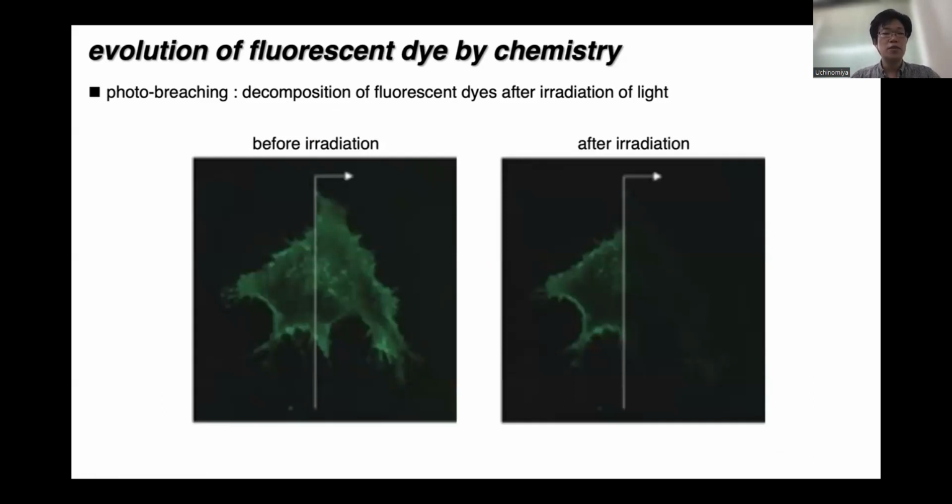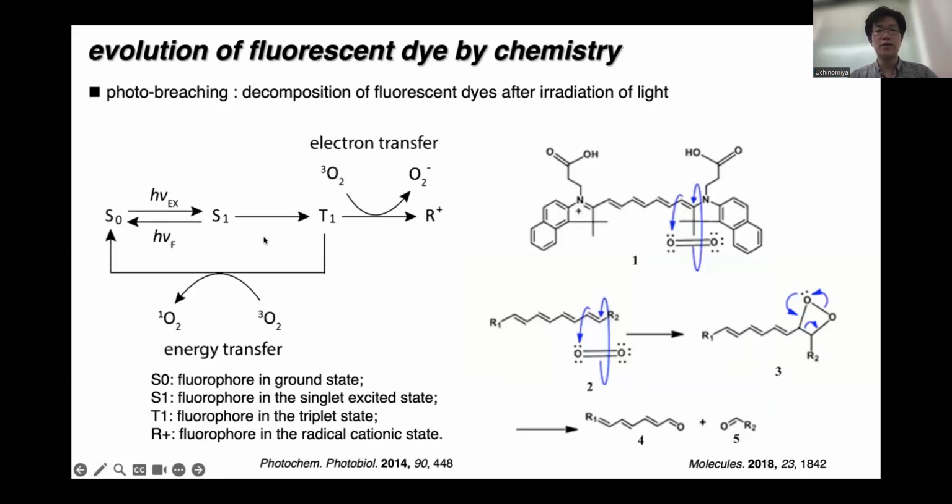When we use too strong a light, the fluorophore decomposes by irradiation. This is before the irradiation of strong light, and when the strong light is irradiated, this part, the fluorescence, disappears. This is photobleaching, and it is explained by this scheme.